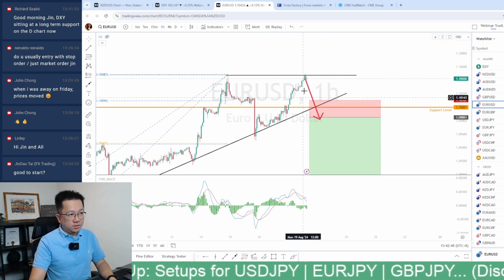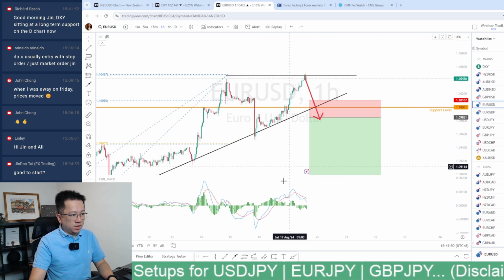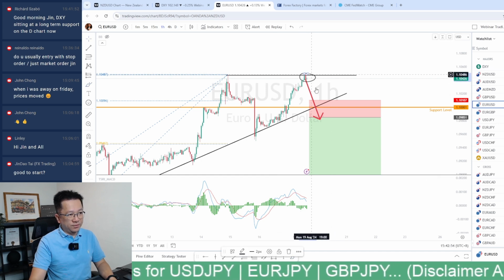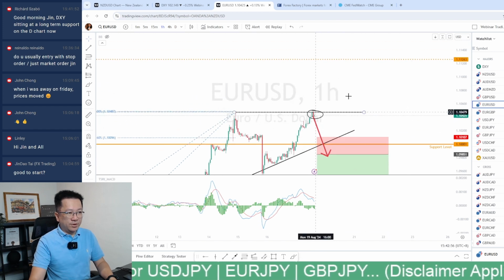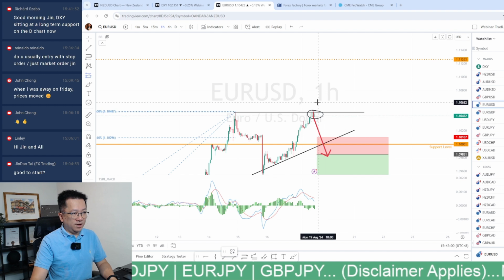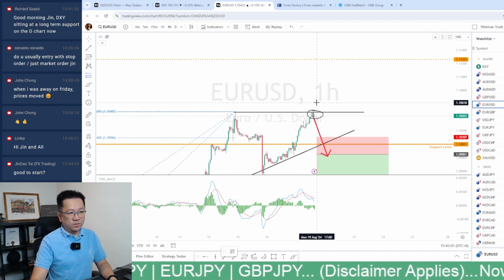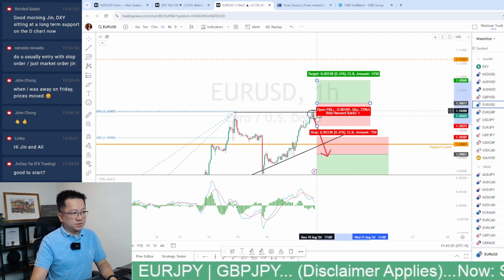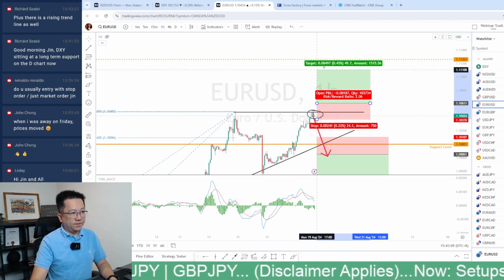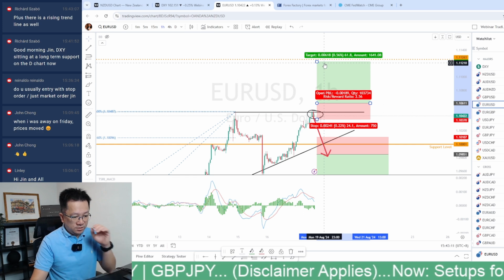Okay. Euro might struggle to come down, so I'm not entirely convinced that we're going to see that happen. I know the upside is easy, right? If it pushes up, then you have that upside: 1.1060, stop loss 25, take profit 60 to the upside.